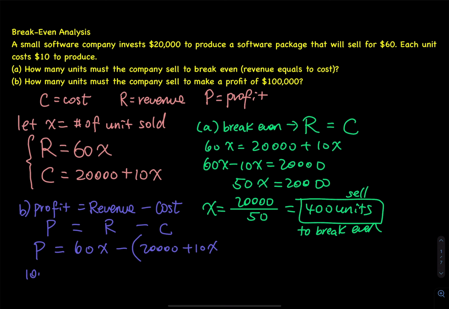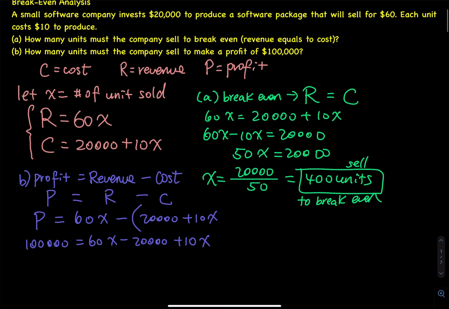So this is $100,000 equals 60x minus $20,000 minus 10x. Somehow I wrote plus, so when you distribute the minus, that should be a minus 10x.